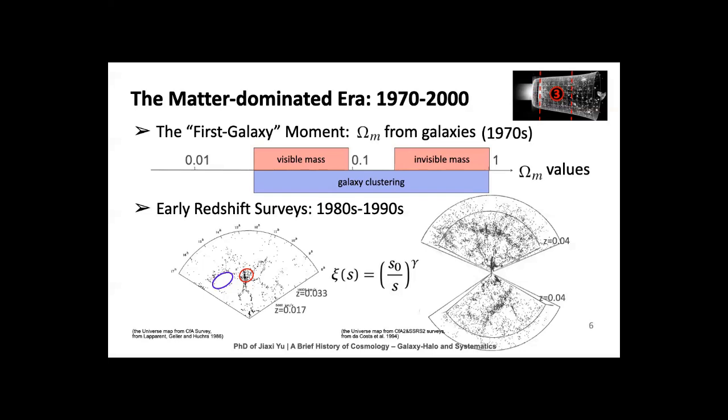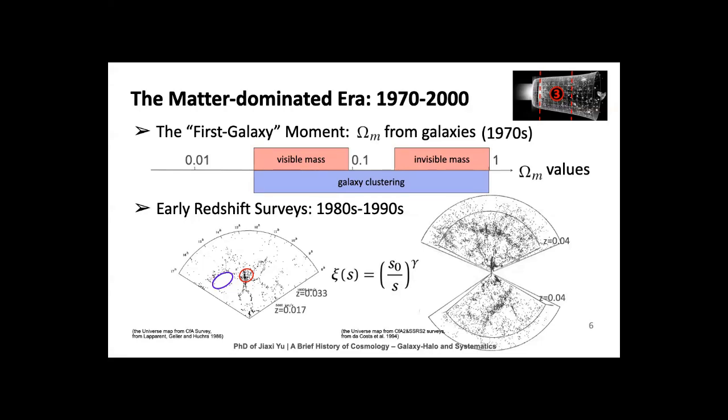People have been looking at how much matter, omega n, you can have in the universe. If you have visible mass, at most you go to 0.1 from stars and gas. And the invisible mass, the dark matter, would put you somewhere between 0.3 and 1 in terms of omega value.